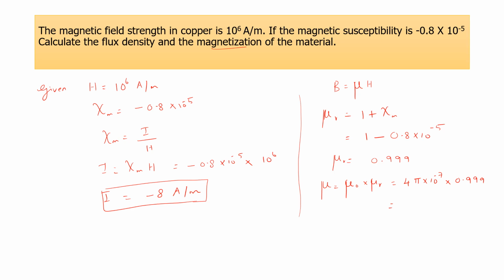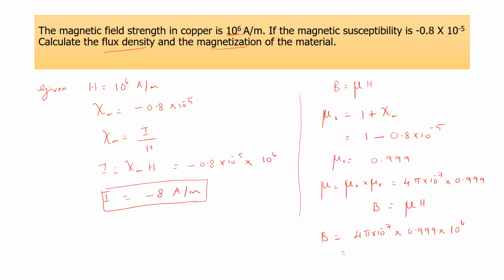So now I will use B is equal to mu H formula. That is the thing I want. Flux density I want. Now look at the question. Flux density is B. So B is equal to mu, and mu is 4 pi into 10 power minus 7 into 0.999, and H is given in the problem as 10 power 6.